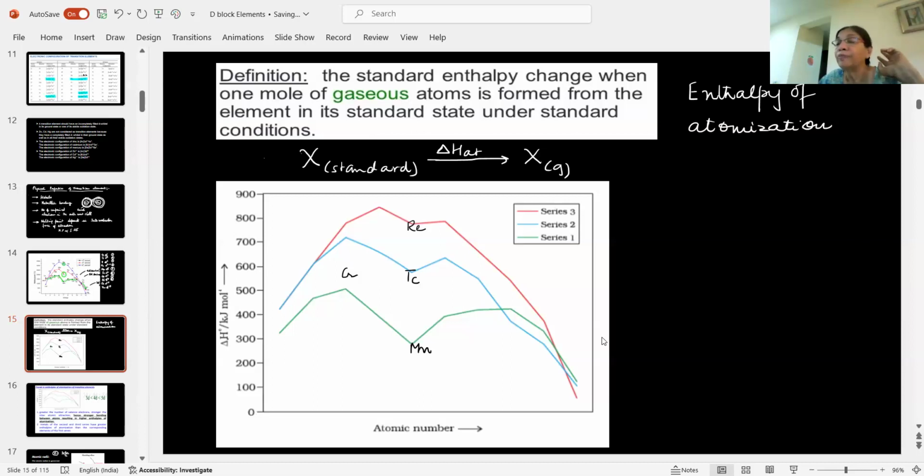That also depends on intermolecular force of attraction, which depends on metallic bonding. And as the metallic bonding becomes stronger with larger number of unpaired electrons, you can see the melting point rises, and then it decreases as the number of unpaired electrons decrease.